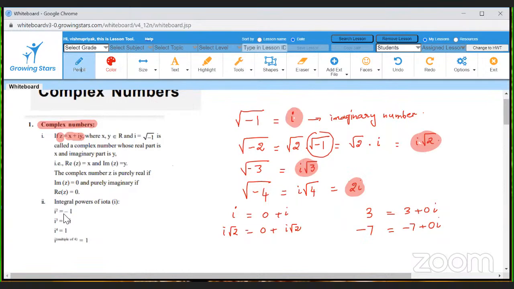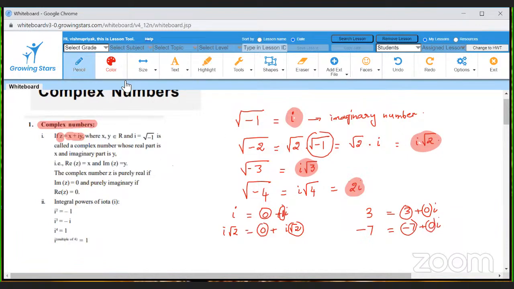Rather, whatever numbers you have learned till now, natural numbers, whole numbers, integers, rational numbers, irrational numbers, real numbers, every number can be written in the x plus iy complex number form. x is a real number, y is a real number. See here, x is 0, a real number, y is 1, a real number. 0 is a real number, root 2 is a real number, 3 is a real number, 0 is a real number, minus 7 is a real number, 0 is a real number.